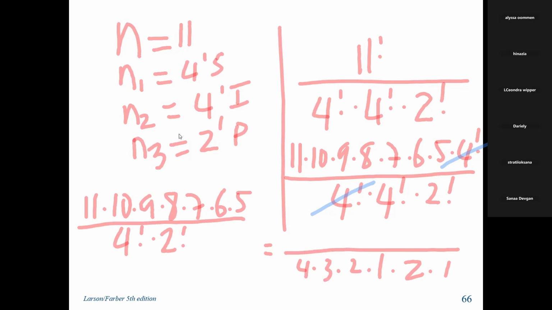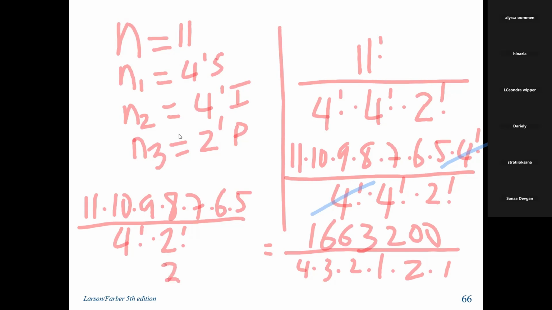So it's 11 times 10 times 72 times that's 166,320 divided by 48.